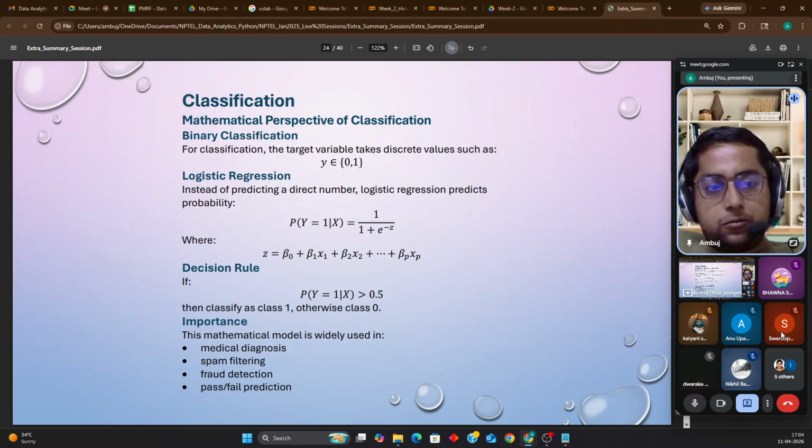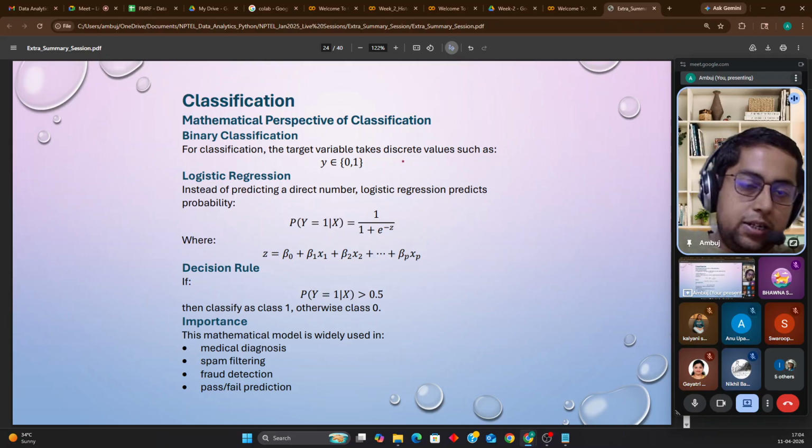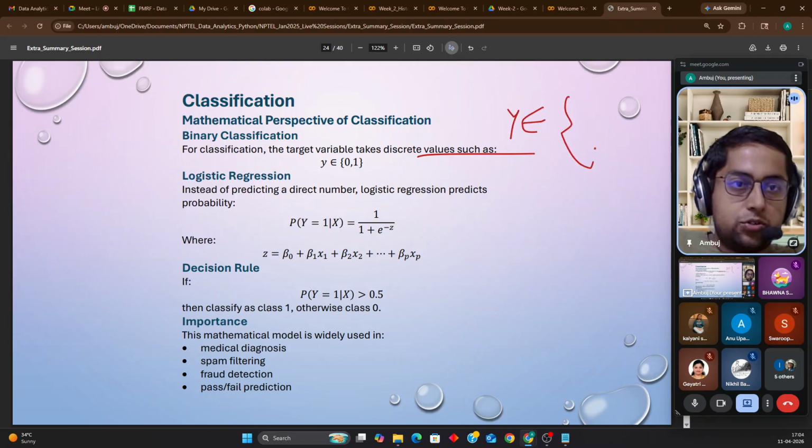Next is classification. For binary classification, the target variable takes discrete values such as y belonging to the range 0 and 1.